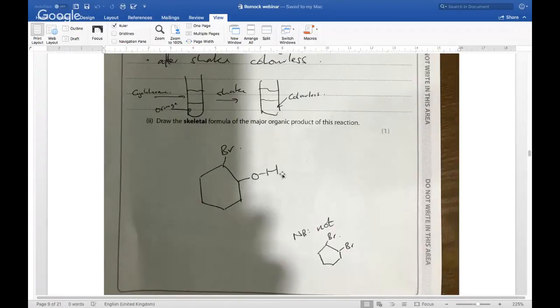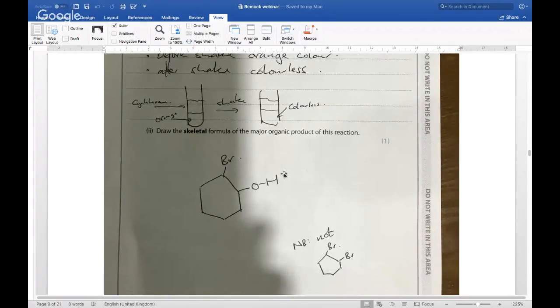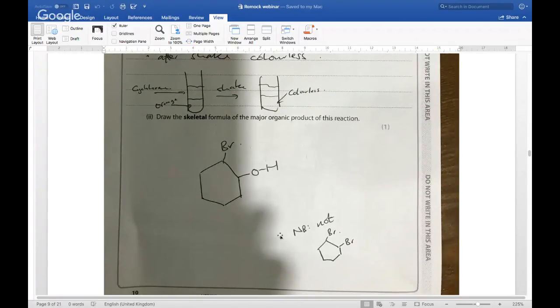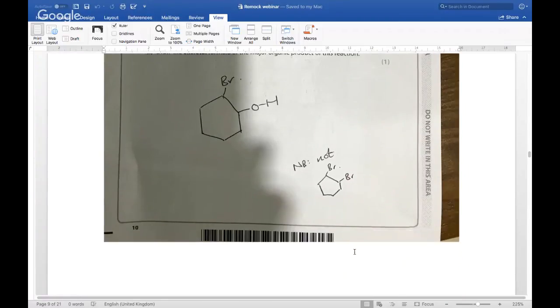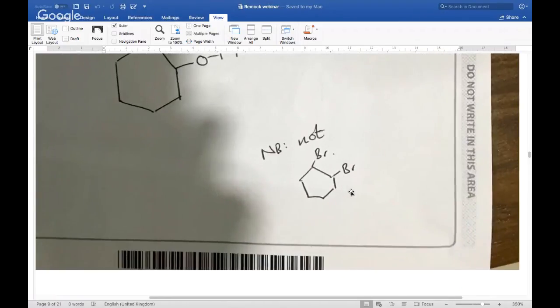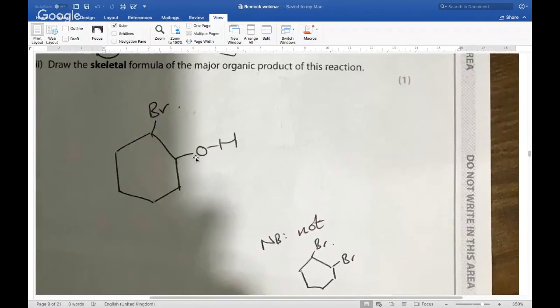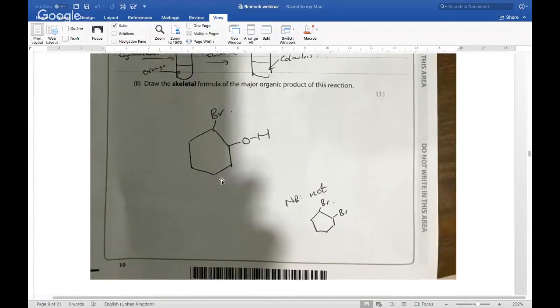Draw the skeletal formula of the major organic product of the reaction. And that's that one. Right, guys, you notice you do not get Br2. This is only with elemental bromine. We are using bromine water. By the way, I will show you that mechanism next lesson and show you how that happens. It's a beautiful mechanism.